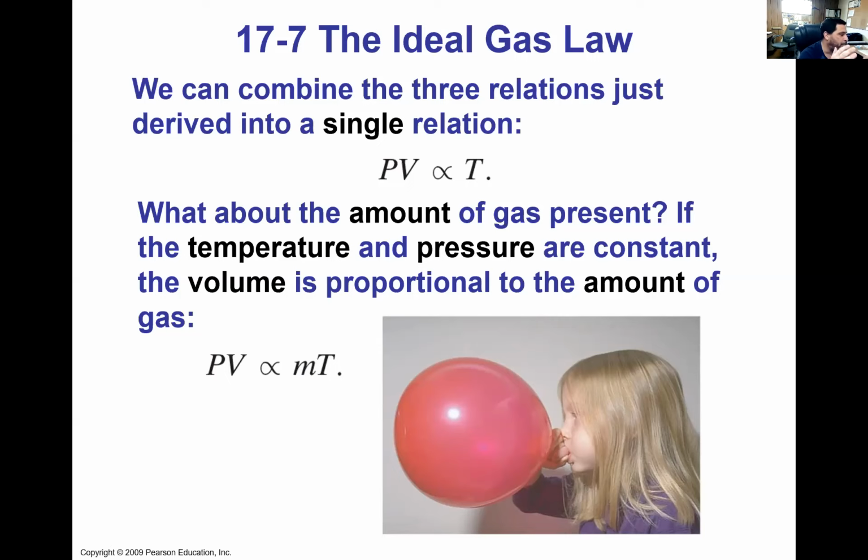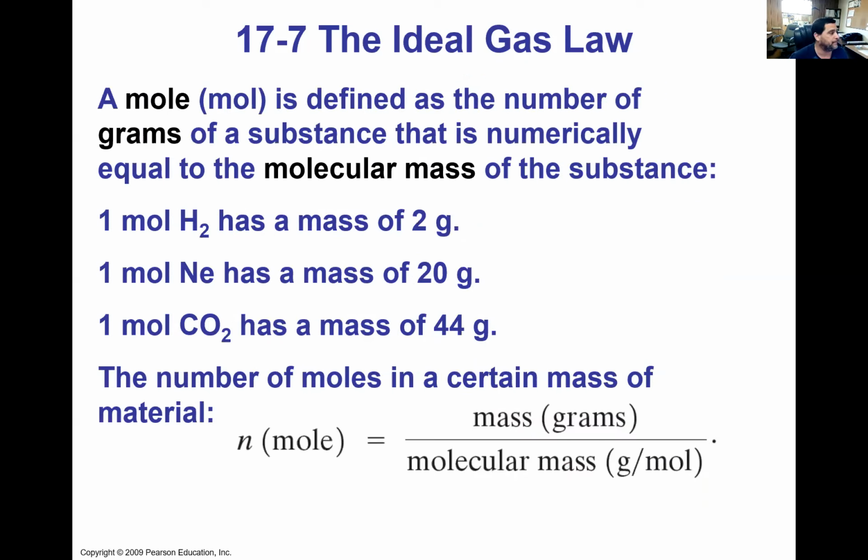If the temperature and pressure remain constant, the volume is going to be proportional to the amount of gas. So we're working our way closer to PV equals nRT, which is the ideal gas law.